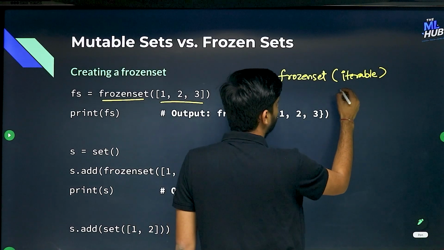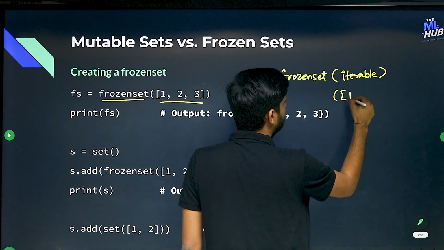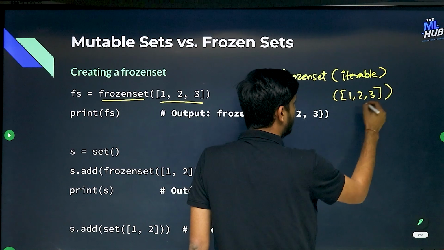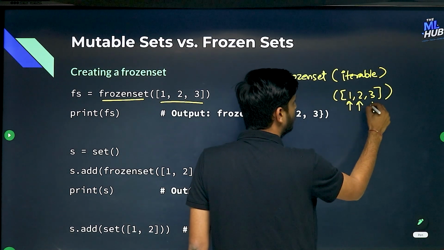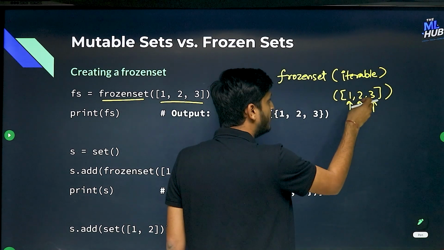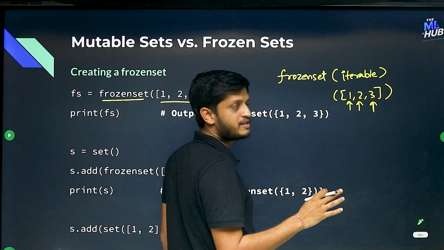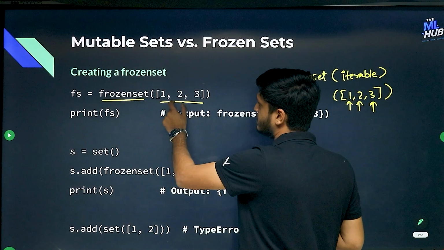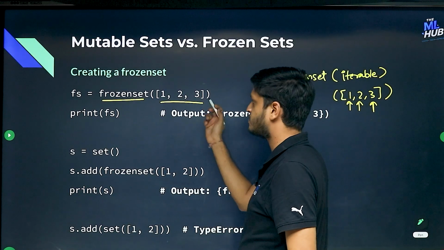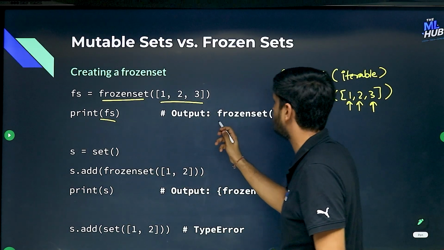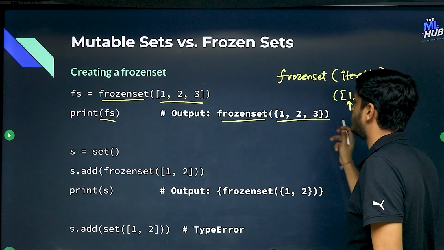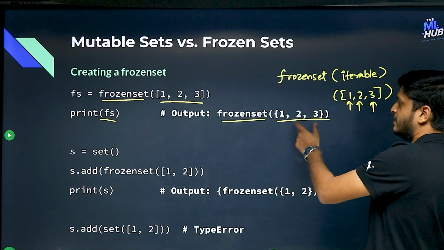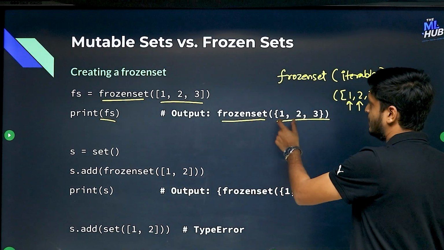So let's say you give it a list containing elements 1, 2, 3. That is allowed, but the items inside the list must be hashable or immutable, because only immutable items can be added in a set or a frozen set. So creating a frozen set of elements 1, 2 and 3 is possible. When you print it, the output will be frozenset containing the elements 1, 2, 3.